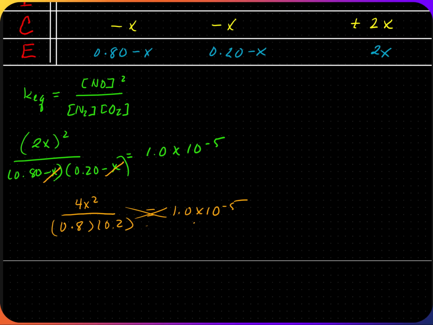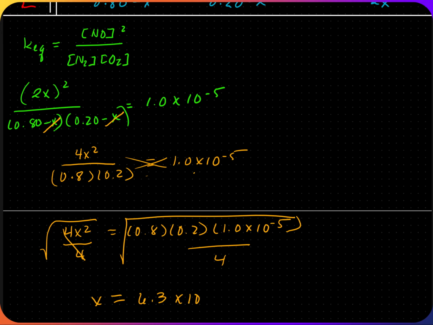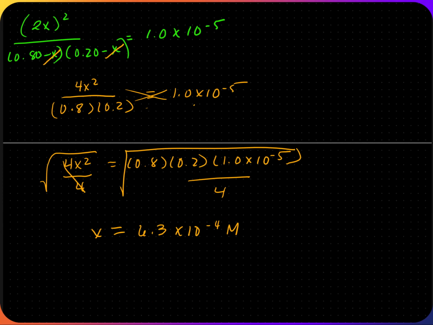This becomes 4x squared is equal to 0.8 times 0.2 times 1.0 times 10 to the negative 5th. Divide both sides by 4, and take the square root. So x equals 6.3 times 10 to the negative 4th molar. Now solving for the equilibrium values for each one.